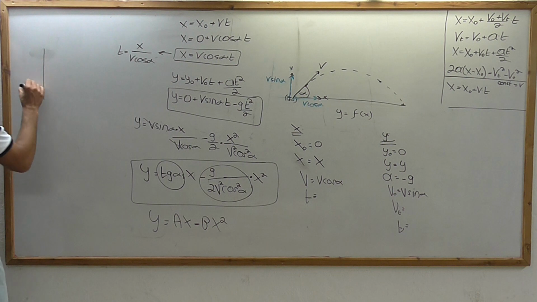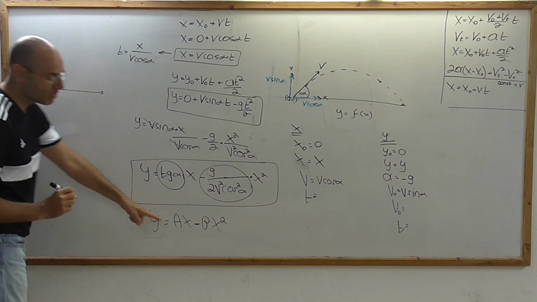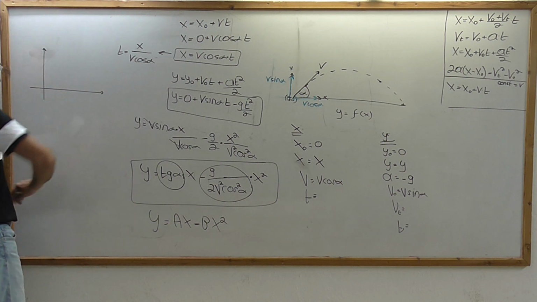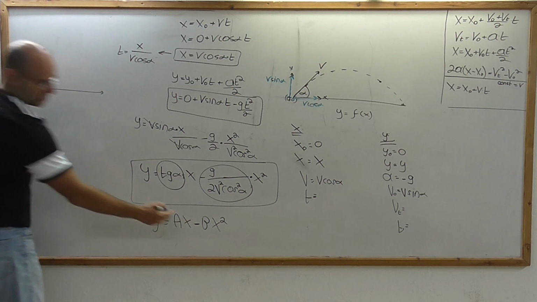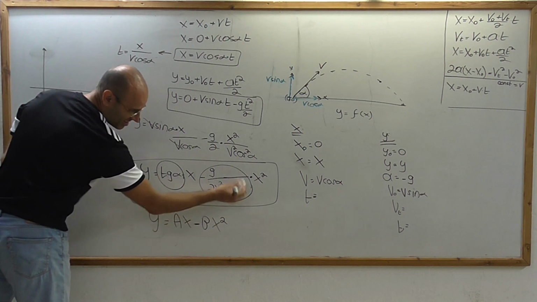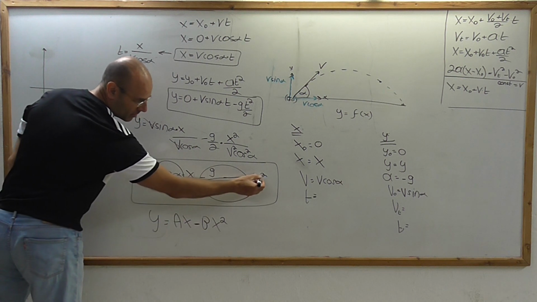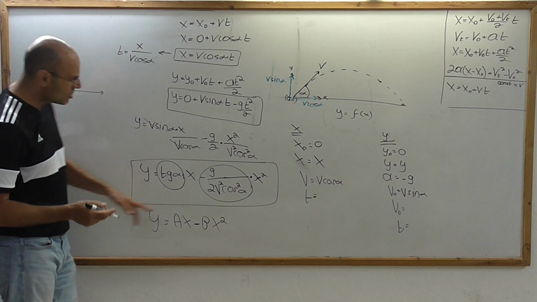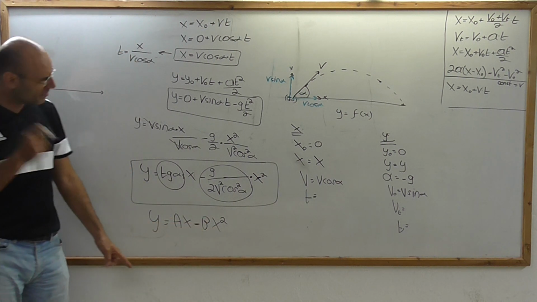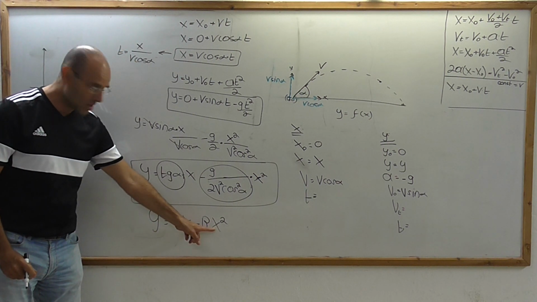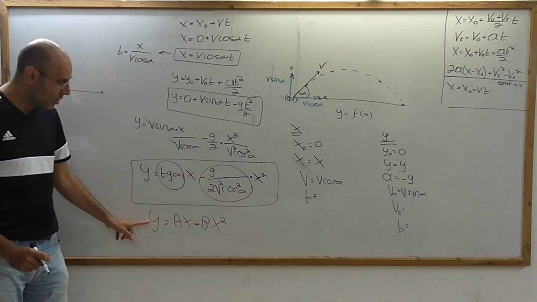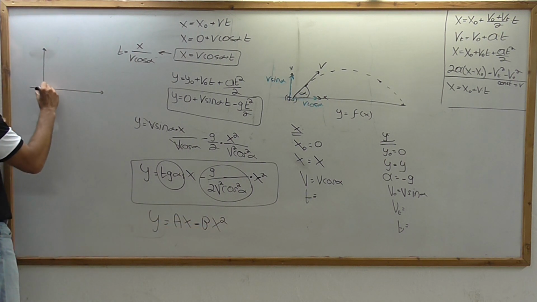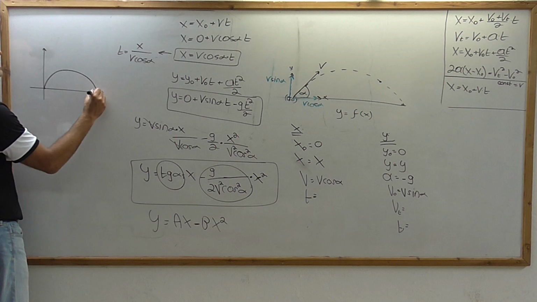So if I wanted to draw this parabola, it will be in a cry mode because it's minus b, it's negative. The coefficient of x squared is negative, and it's easy to see that if I put x equal to 0, y will also be 0. So it starts here. It's something like that.